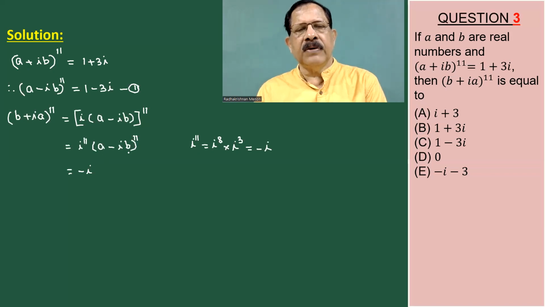So here it is minus i. a minus ib whole raised to 11 is equal to 1 minus 3i. We have already calculated and it is there in equation 1. Now you multiply: minus i into 1 is minus i. Minus i into minus 3i, again you are getting minus 3, is it not?